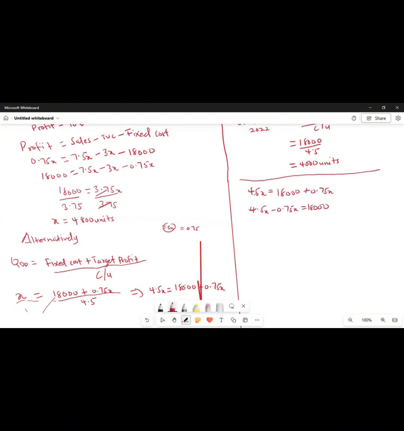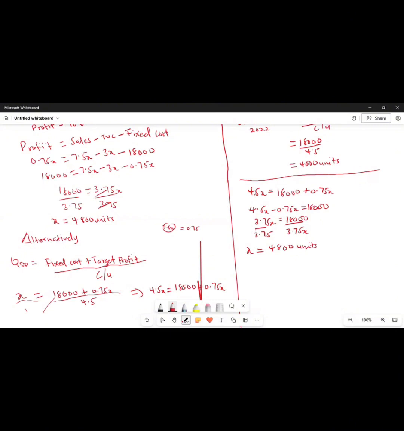When we do this mathematics, you have 4,800. Always remember to add your units. So that is the alternative method. If you want to use the equation method, you can use the second alternative.